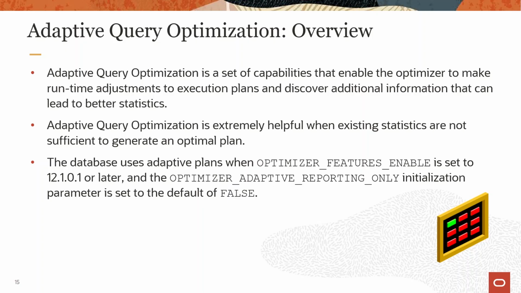To use it, the parameter optimizer_features_enable has to be set to 12.1 or later, and the optimizer_adaptive_reporting_only initialization parameter has to be set to false. If reporting only is false, the mechanism is in effect. If you put optimizer_adaptive_reporting_only to true, then adaptive query optimization will not be active.